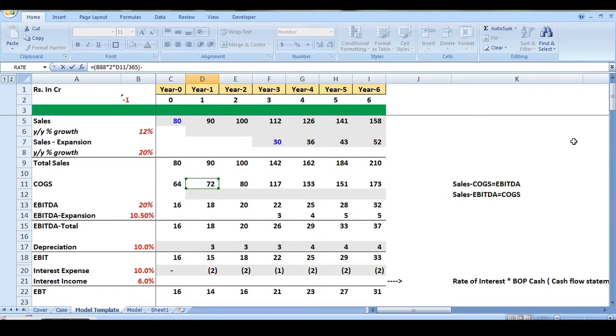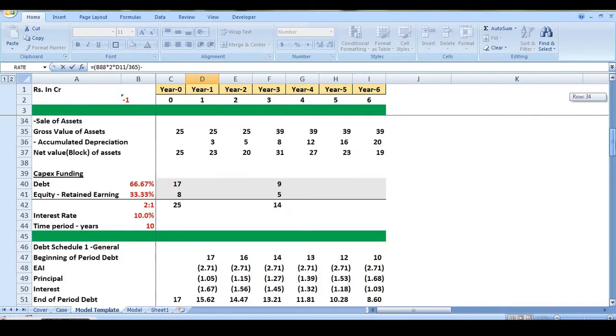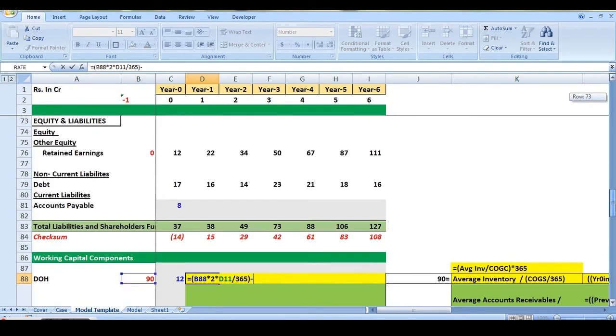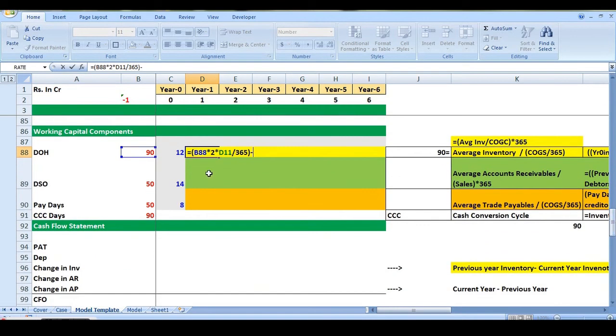Now year 0 inventory is available in the working capital schedule itself, which is this, and this will give us our required value of inventory for year 1. You can check the formula again, which says holding period into 2 into COGS divided by 365 minus previous year's inventory.